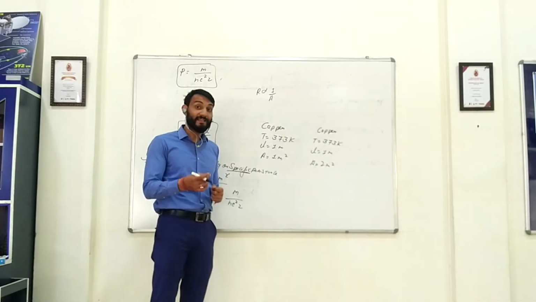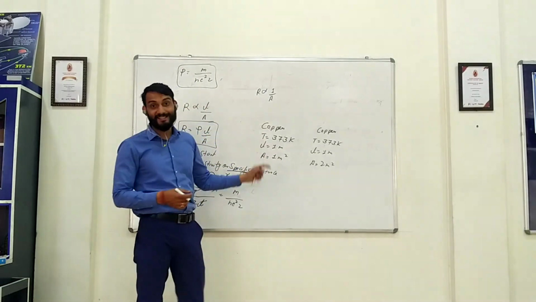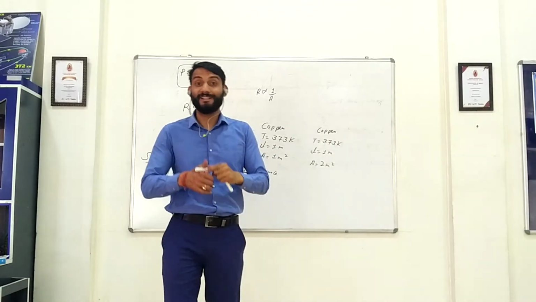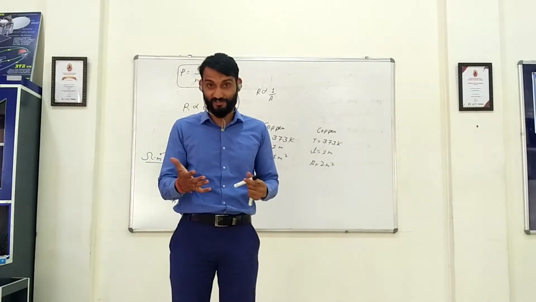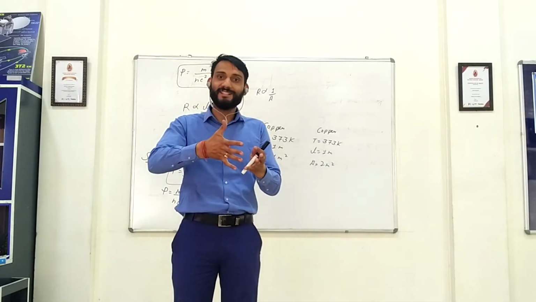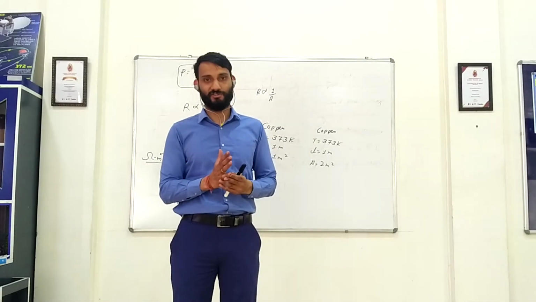So if I keep on studying resistance, resistance talks about different lengths and different areas of cross section. The value of resistance changes each and every time the length and area change.